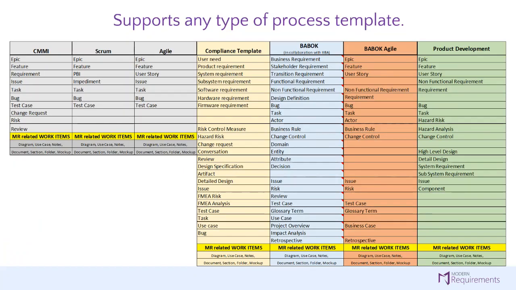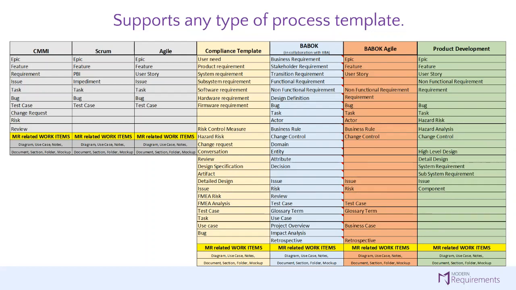One of the foundational principles in requirements management is what taxonomy you will use to define or manage the work and collaborate upstream and downstream with your stakeholders and team members. From agile to waterfall to product development, our tool supports any out-of-the-box process template offered in Azure DevOps or a highly customized one.